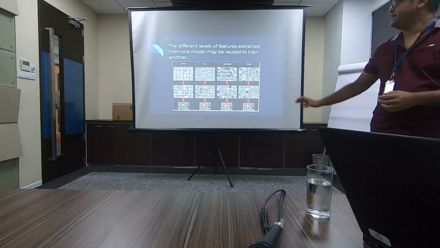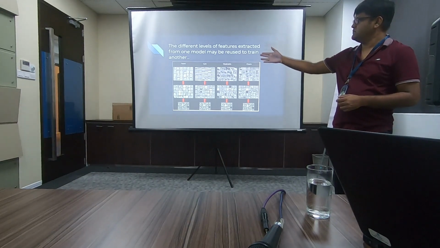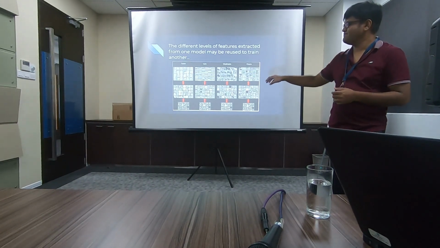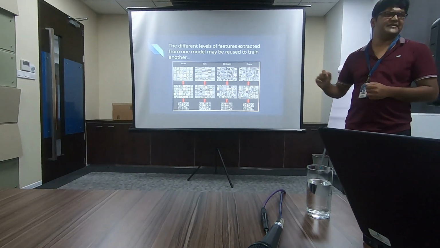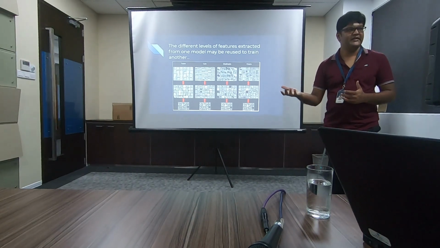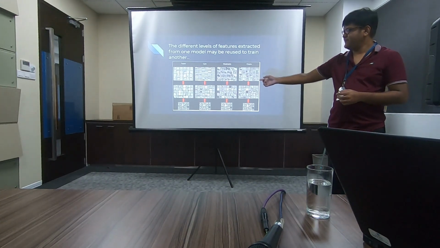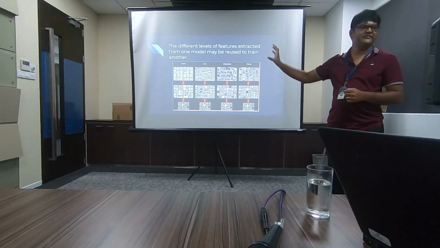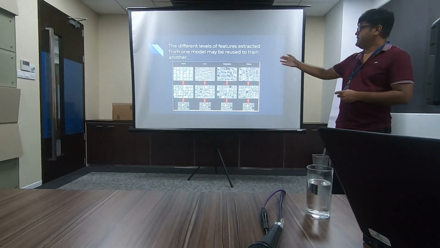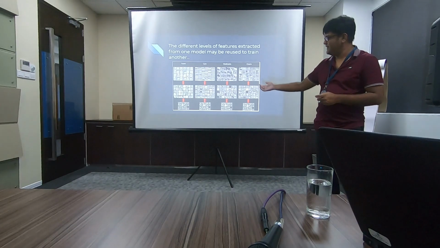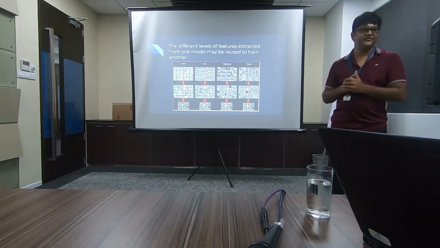So for example, let's say we have a model that is trained to identify faces. Because that's a deep learning model, it starts with those primitive features, then identifies features within the face, and only then identifies the faces. If we have another model to recognize cars, it also works the same way.